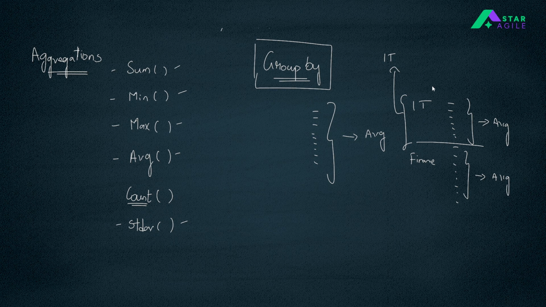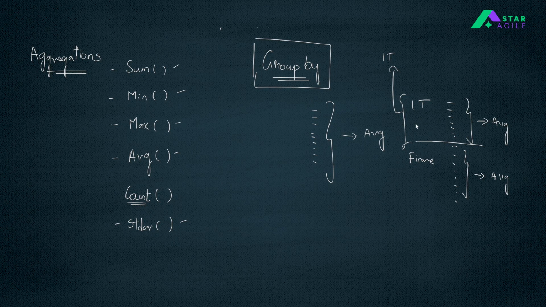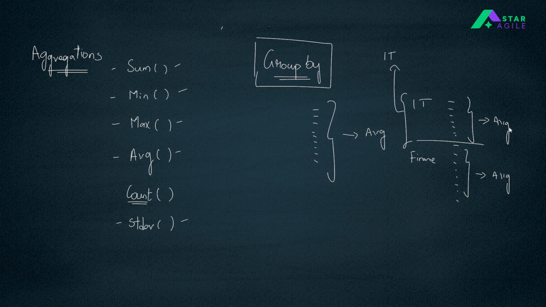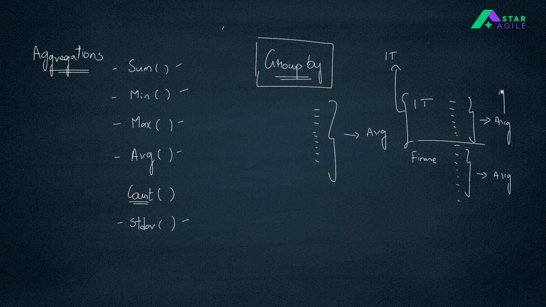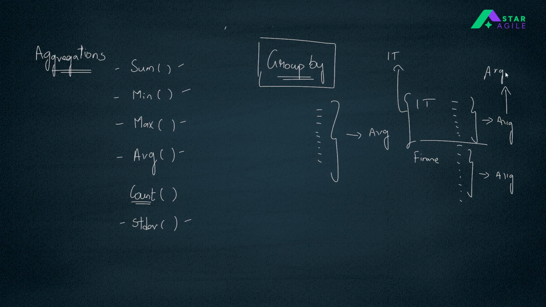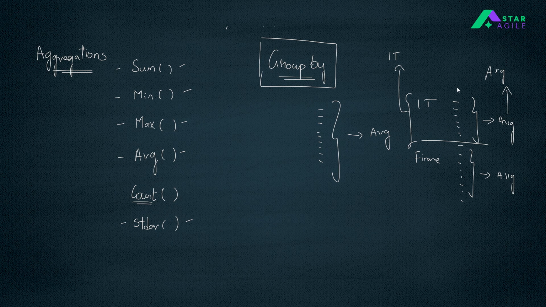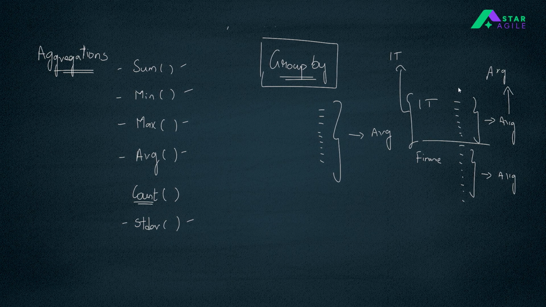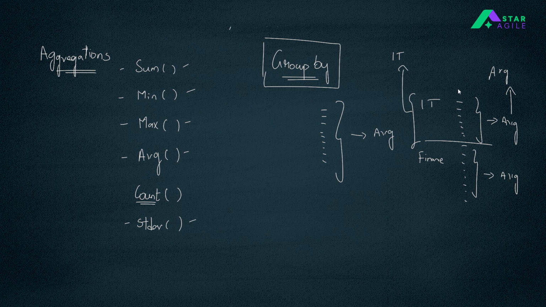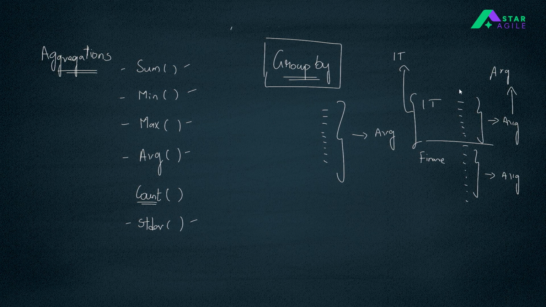All the people will have the same department, so I can print IT as the common value, and for those people the average. Simple. This is how we can print the data when you want to divide the data and then perform the aggregations. So how can you perform the aggregation separately on different data? By simply grouping the data separately.